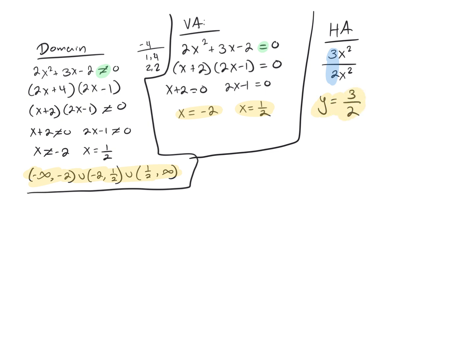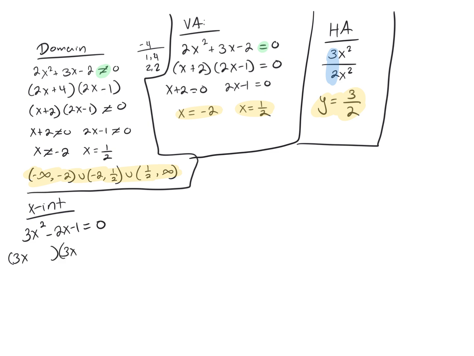Now I'm going to look for the x-intercept. For the x-intercept, we're going to set the numerator equal to 0. So it's going to be 3x squared minus 2x minus 1 is equal to 0. I'm going to factor this problem, so it's going to be 3x.